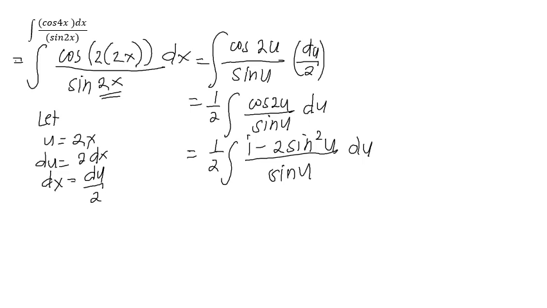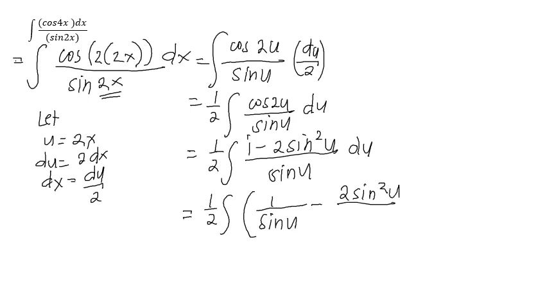If I distribute my denominator to each term in the numerator, I will get 1/2 integration of 1 all over sine u minus 2 sine squared u all over sine u, quantity du.